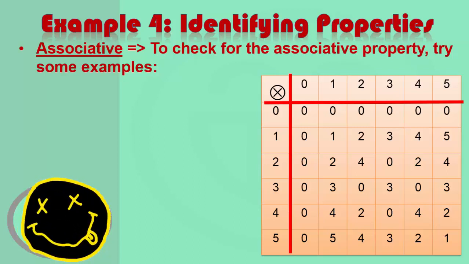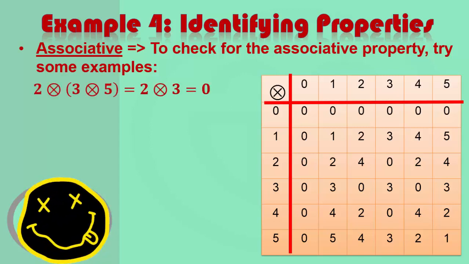So let's try a few examples. I'll choose 2, cross circle, 3, cross circle, 5. And I'll put the brackets here for this one, and I will work this one out using our order of operations. So here we do our brackets first. So I go to 3, and then 5 here, and 3.